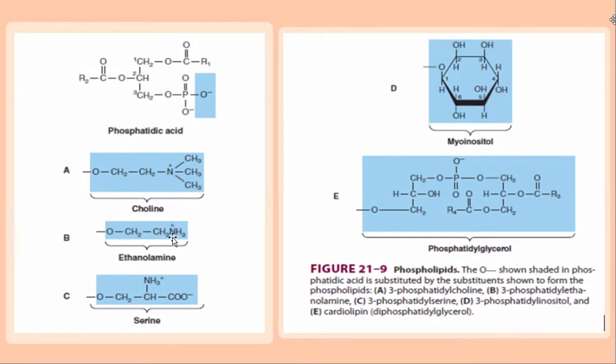B, ethanolamine is attached here, so it becomes your phosphatidylethanolamine. C, serine being substituted here as a substituent, it becomes your phosphatidylserine. And here, the myoinositol and so on, phosphatidylglycerol.